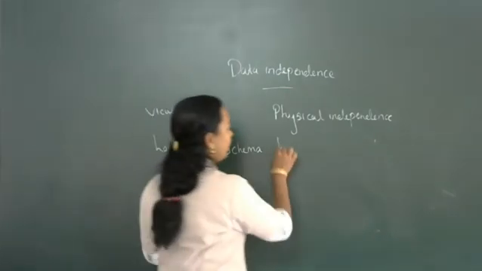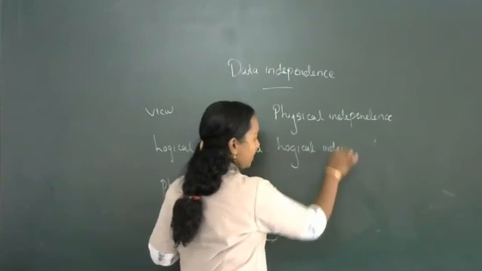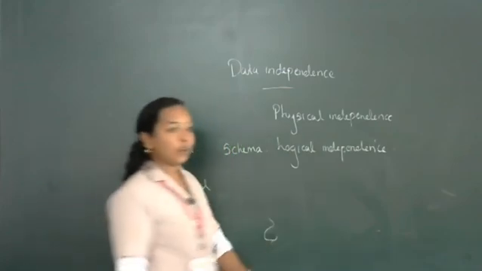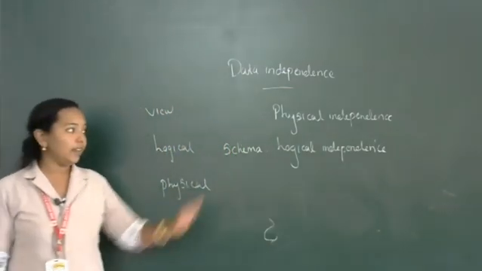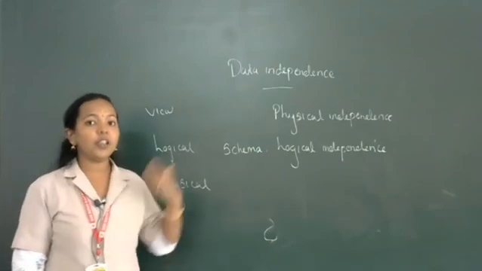One more independence is known as logical independence. It is the ability to modify the conceptual level or logical level without affecting the view level.